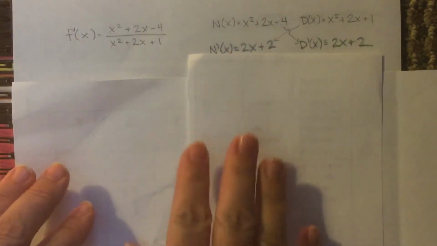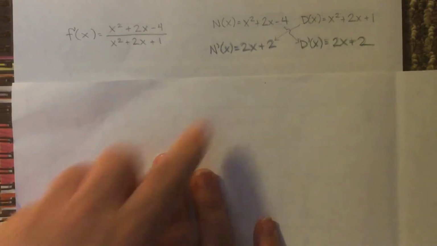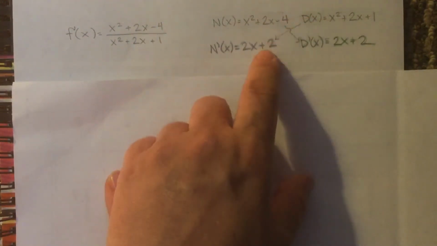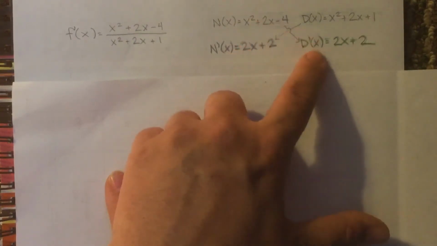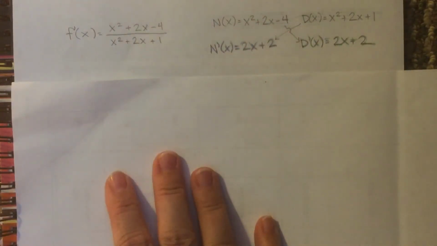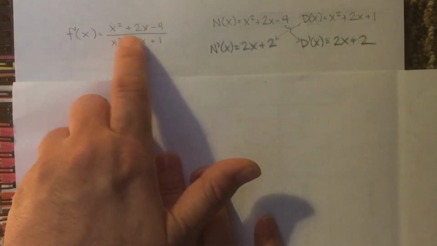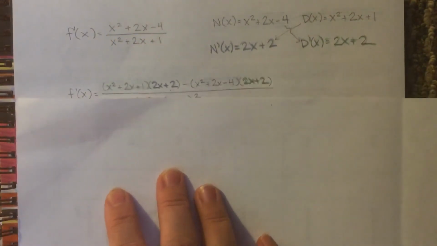Okay, so now we're going to apply the quotient rule, which means the numerator of our derivative is going to be this times this minus this times this. And it's always minus for quotient rule. The way I remember it is I'm dealing with the fraction bar, which looks like a big minus sign.